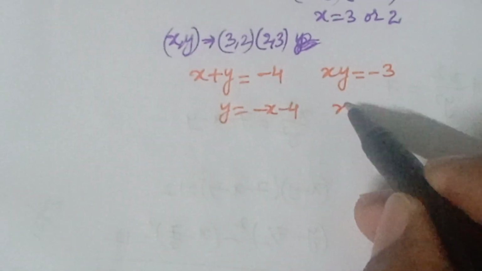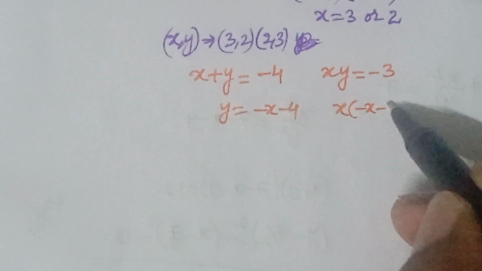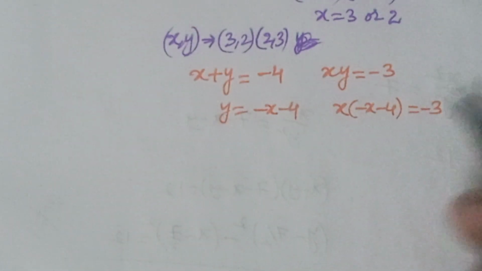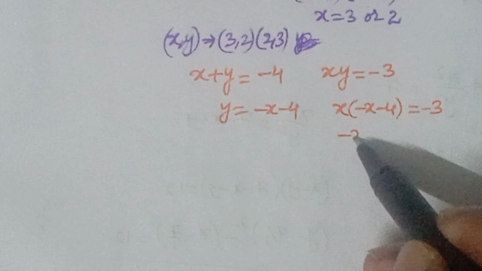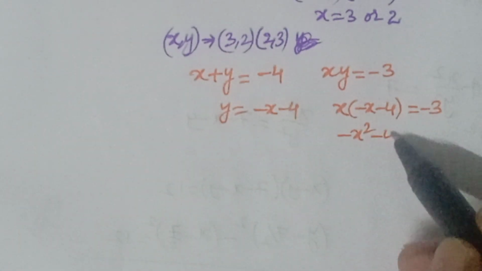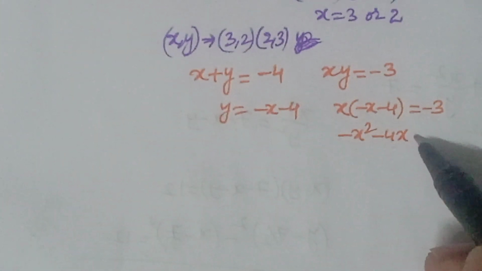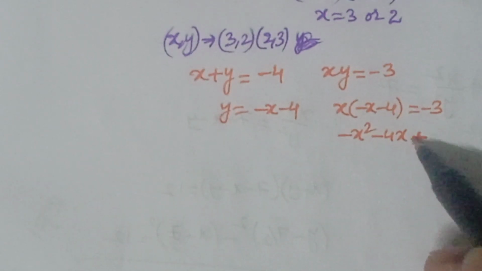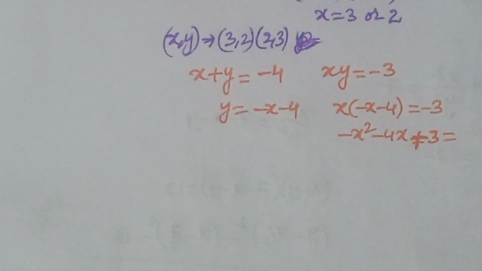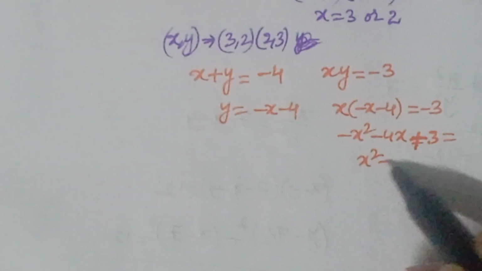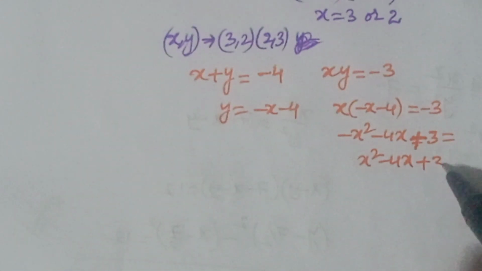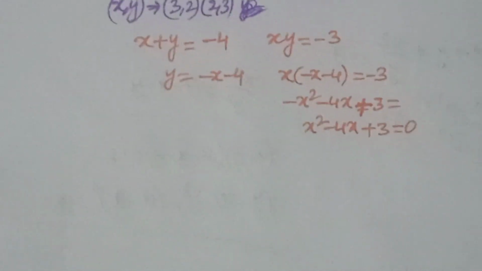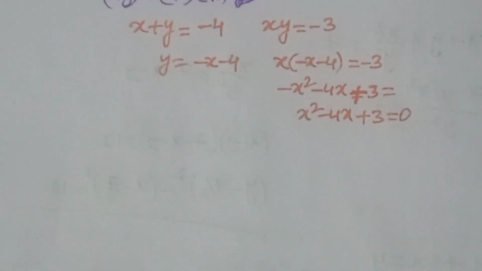So x into minus x minus 4 equal to minus 3. So minus x square minus 4x is equal to minus 3, or plus 3 is equal to 0. So x square plus 4x minus 3 equal to 0.